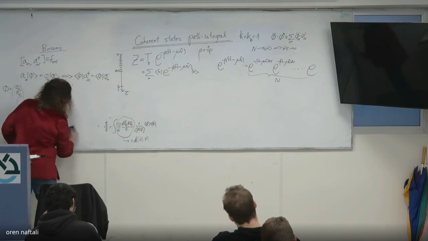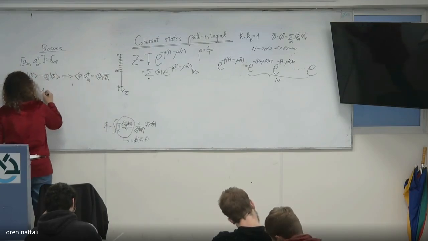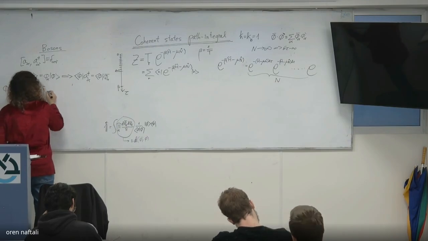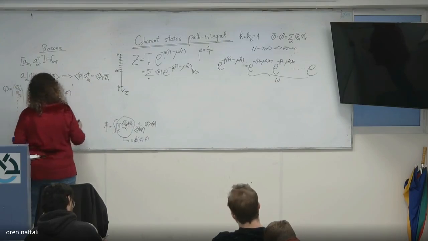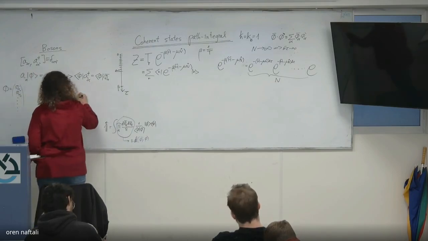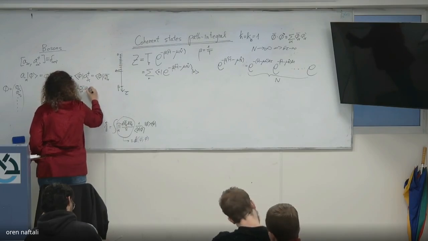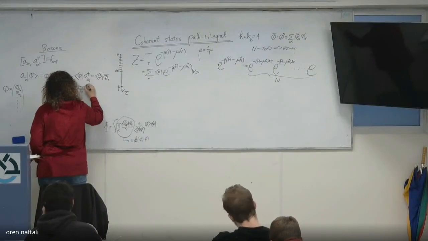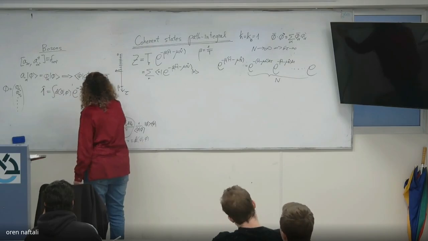It's the integral of d phi bar phi, e to the minus sum over alpha of phi bar phi, times phi.